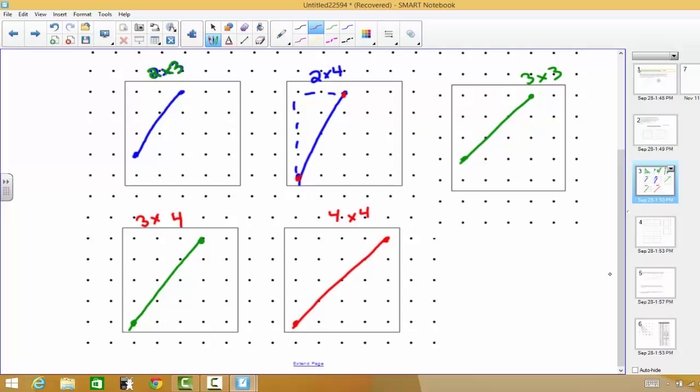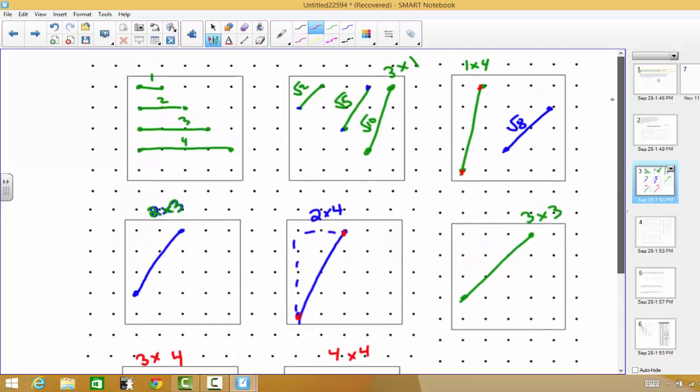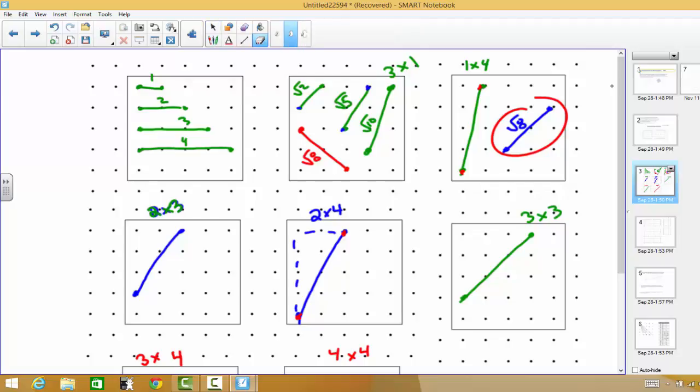Okay, so we have 1, 2, 3, 4, 5, 6 ones that we actually don't know the side of. I'm just going to move this square root of 8 over here. So every unknown we have in its own box.